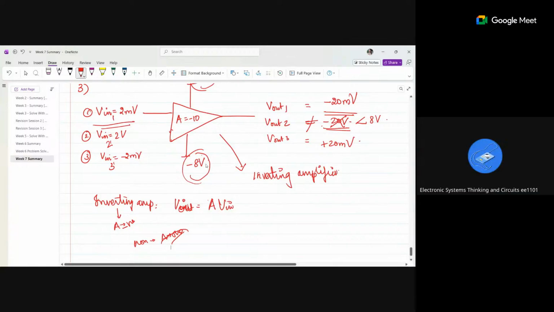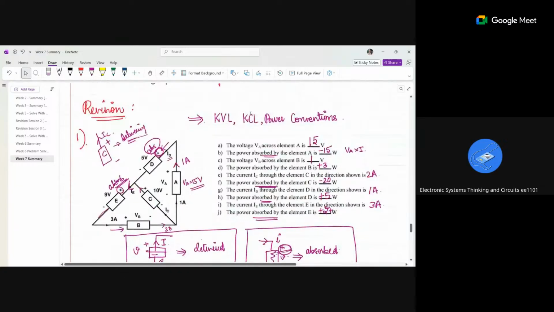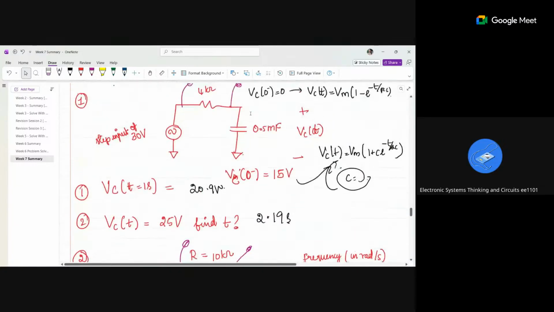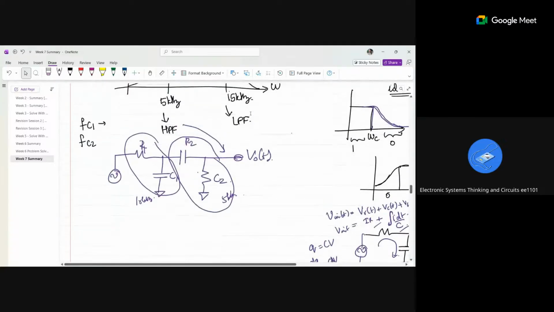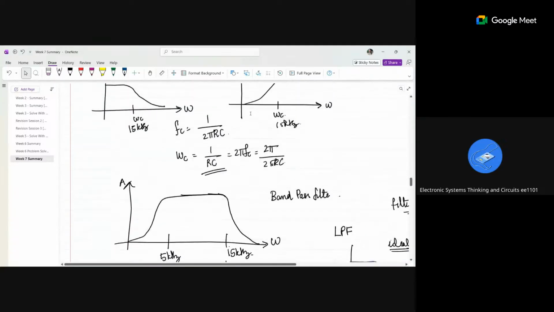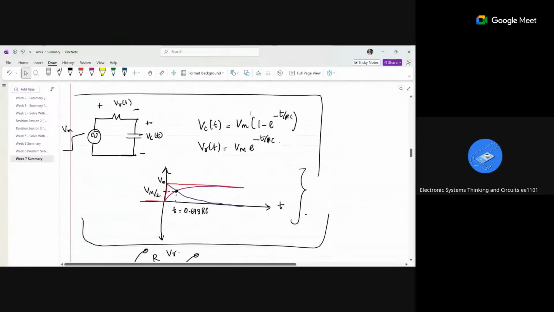So we saw about amplifiers, the superposition principle, then power conventions, then low pass filter questions with respect to a step voltage and also a sine input. Do you guys have any other doubt in today's session?